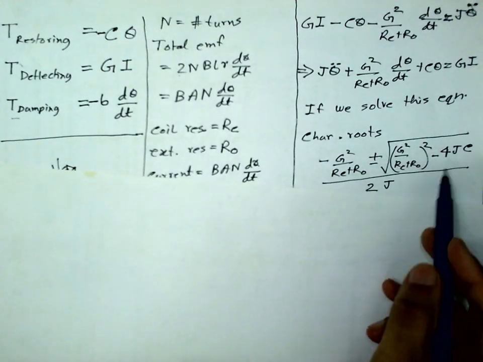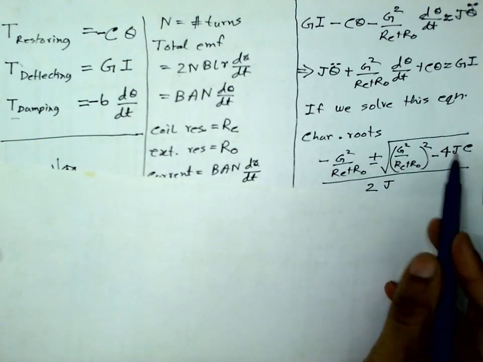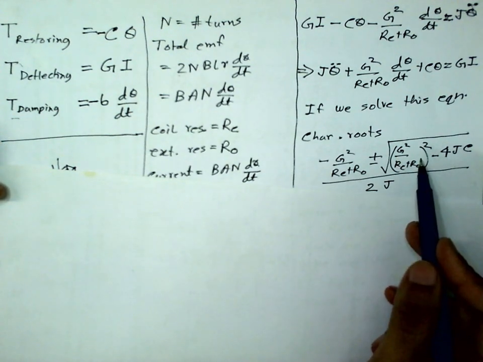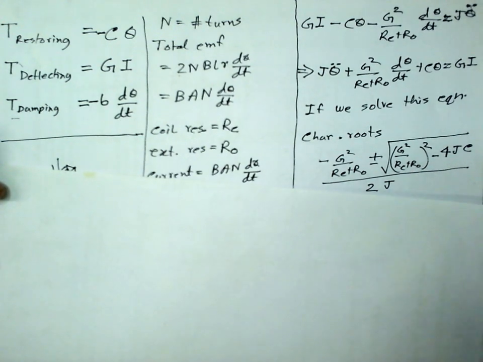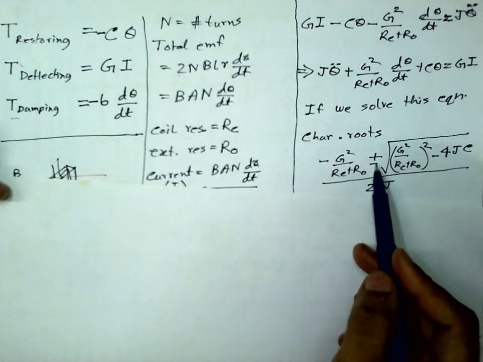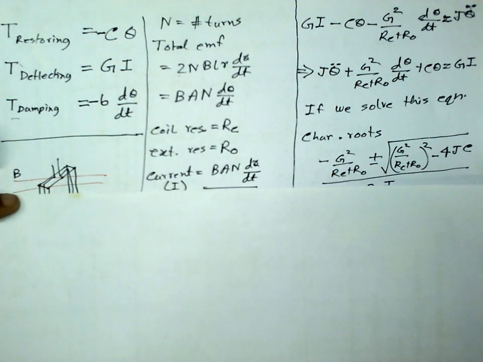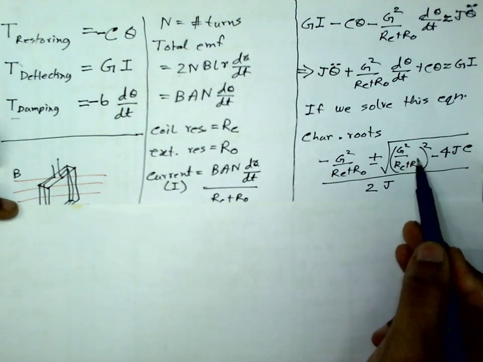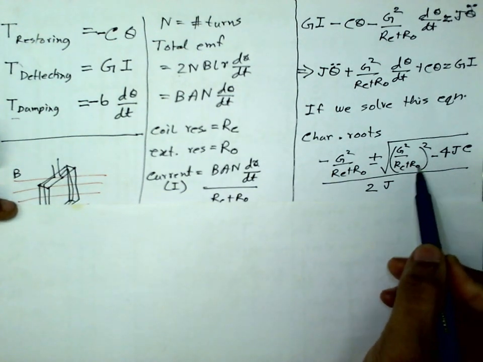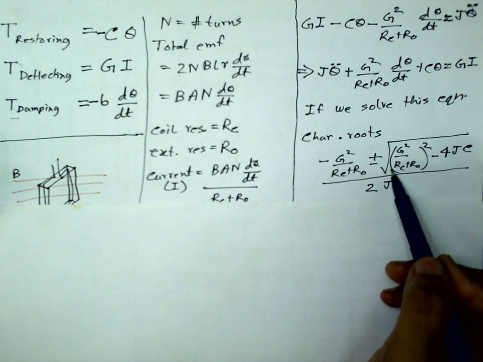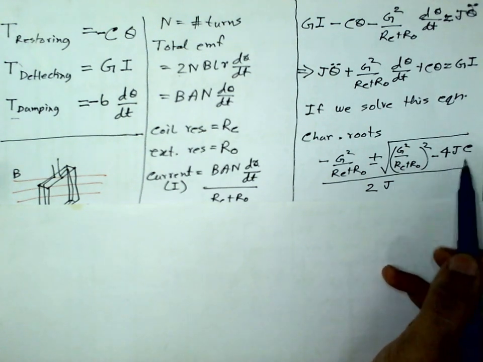Now, when will this term be 0? When this is equal to this, and that is the situation when we call it the critically damped situation. Let me repeat. Observe that when external resistance is small, this term is positive.